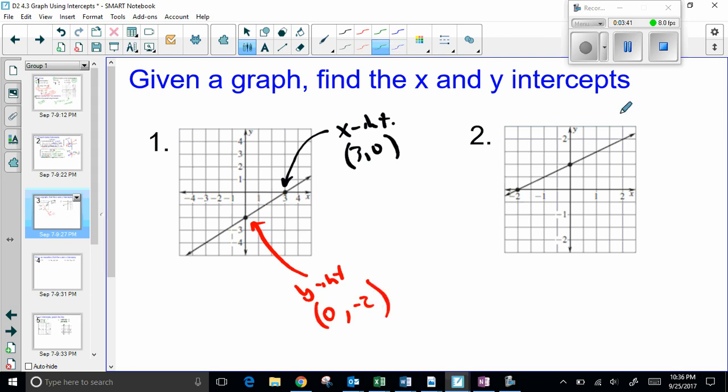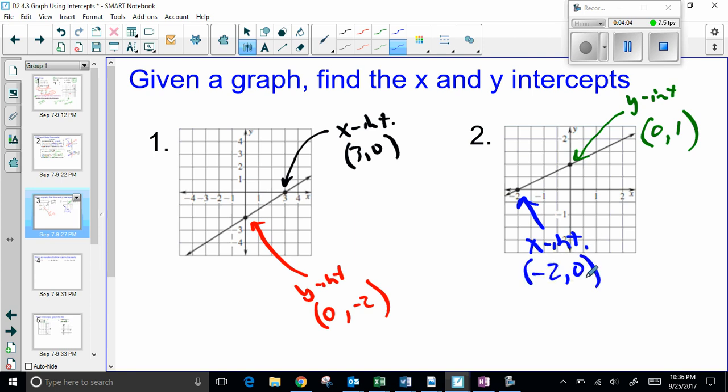Over here, here's my y-intercept. And that is 0, comma, let's see, that's a 2 right there, so 0, comma 1. And then for the other side, here's my x-intercept, and that is -2, comma 0. So I think this is the super easy part. I don't think we need to get hung up here.